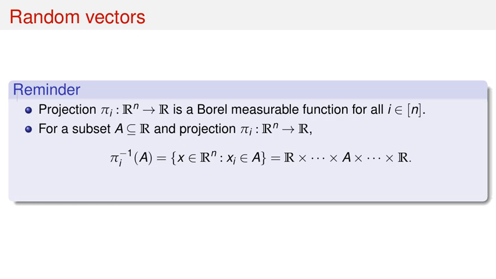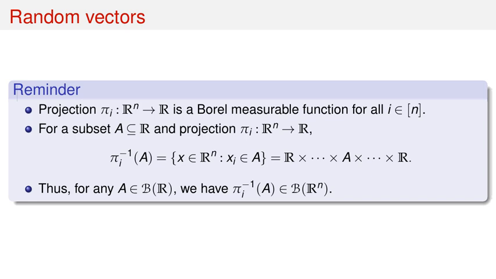Second, for any subset A of R and a projection P sub I, the inverse image P sub I inverse of A is the set of all vectors x in R to the n such that their ith component x sub I is in A. This can be visualized as R cross and so on, cross A in the ith position, cross and so on, cross R. Thus, for any Borel set A in script B of R, that is the Borel sets on the real line, its inverse image under projection P sub I inverse of A is an element of script B of R to the n.